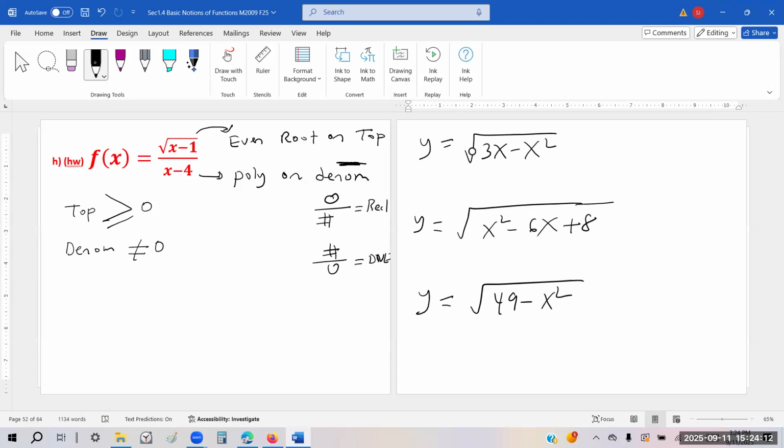Let's think what we can have inside, minus 1. Inside this radical, you can have 0, and you can have positive numbers. No negative. So that's where you start. It can be 0, or it can be positive. So it can be 0, it's fine.